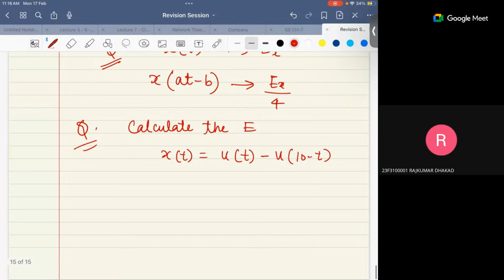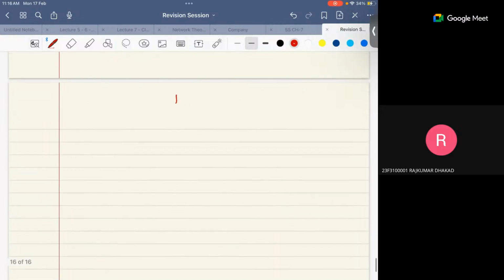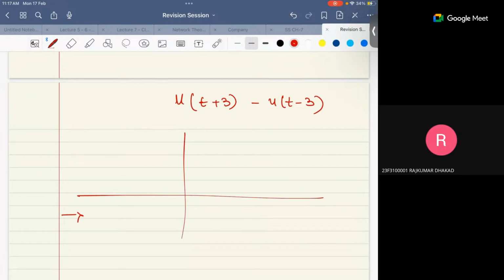In the normal session, I told you, right? If you have been given a signal u(t plus 3) minus u(t minus 3), how will you represent this signal? From minus infinity till t equals minus 3, the value is 0.